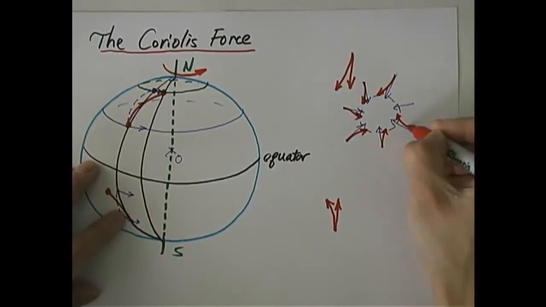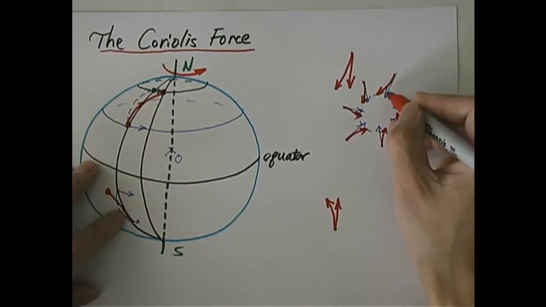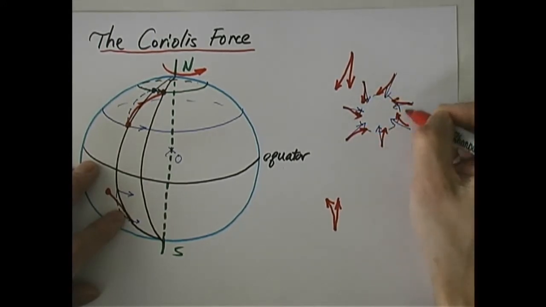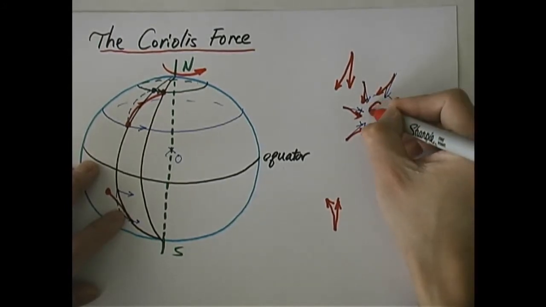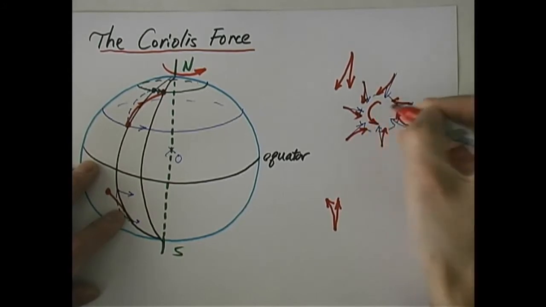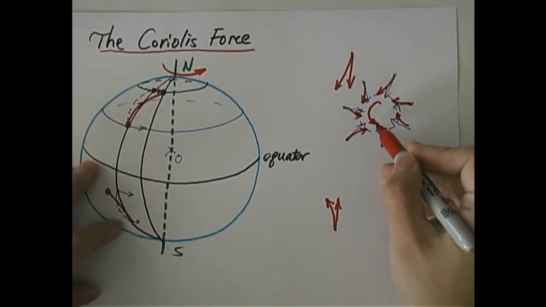Even though that force is small, you accumulate it over the course of a few weeks or even a few months, it can actually be significant. So it's going to start a rotation. See that? It's going to start a rotation faster and faster and faster. There is a counterclockwise rotation of airstream taking a bird's eye view. And when rotational speed is very high, you have what's called a hurricane.